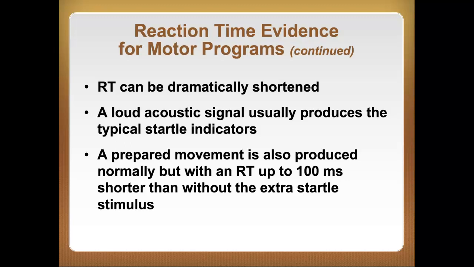So 130 decibels is what they used in this study. By comparison, a chainsaw or a rock concert is about 120. So loud noise. The loud acoustic sound usually produced a typical startle indicator. So clenched neck or jaw muscles, among other reactions. However, the interesting part here, it also happens that the movement is produced with a response time up to 100 milliseconds faster with an extra startle stimulus.